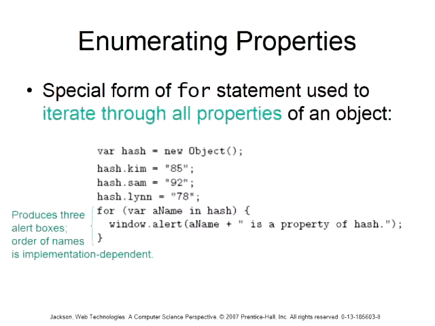So here we have for, variable ename, with the keyword in, hash. Hash is the name of our object, and ename can be Kim, can be Sam, can be Lynn.